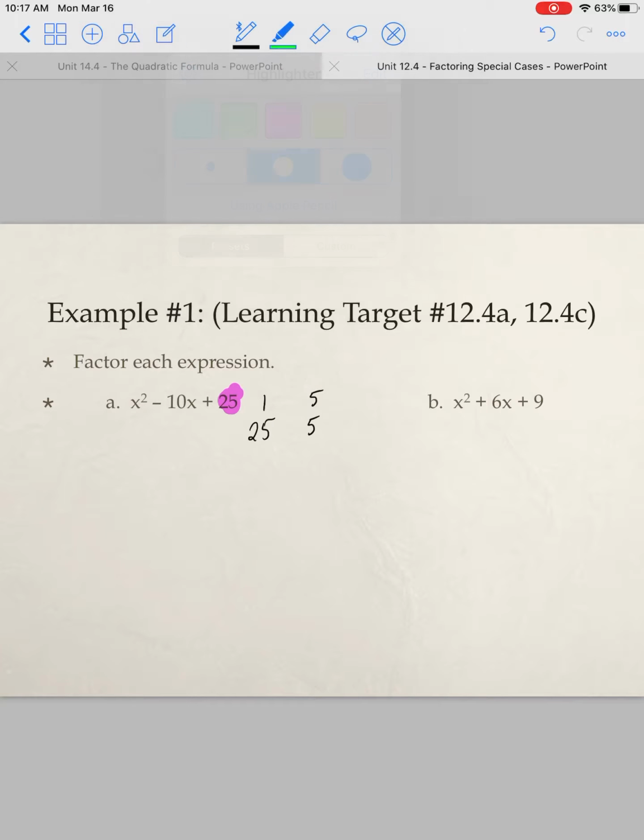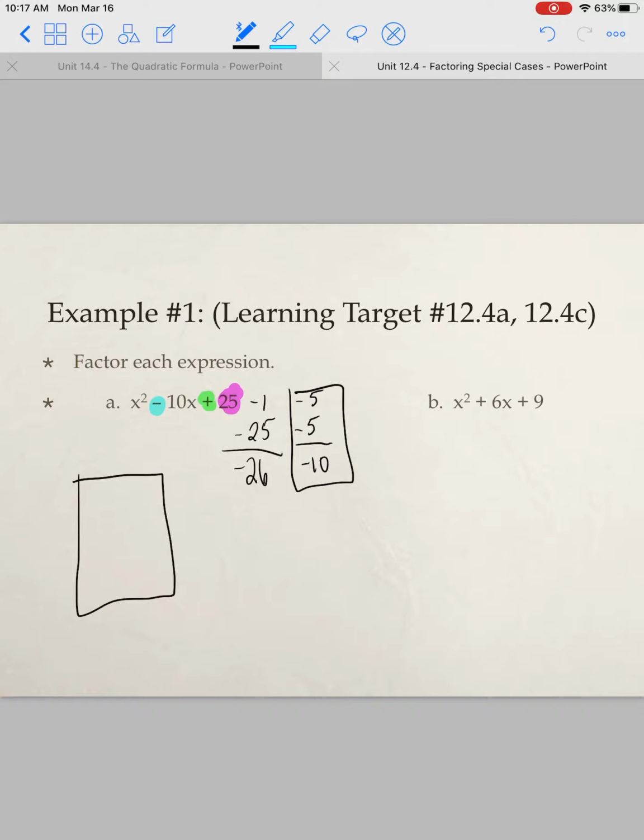Now I look at my rules. They're the same sign, but they are both negative. And I'm looking for the ones that add up to my middle term. In this case, pretty obvious, it's going to be -5 and -5.